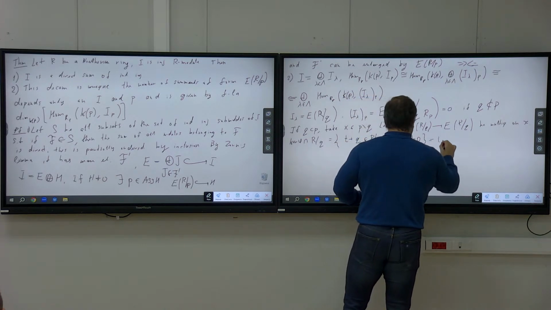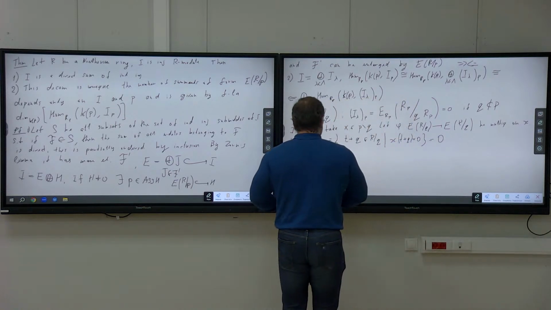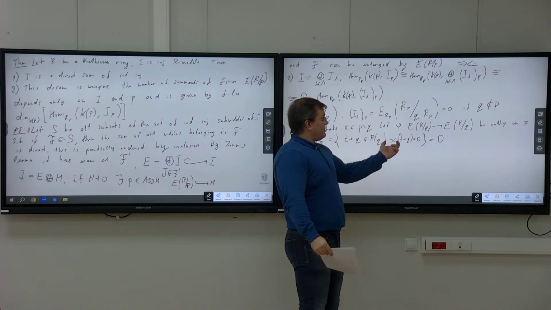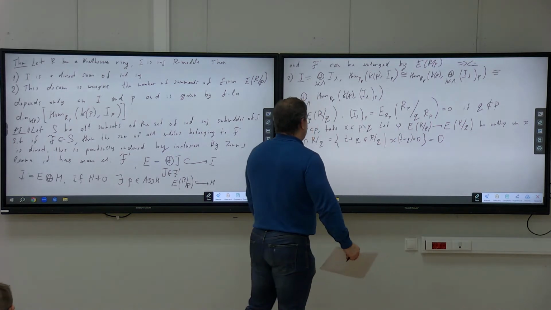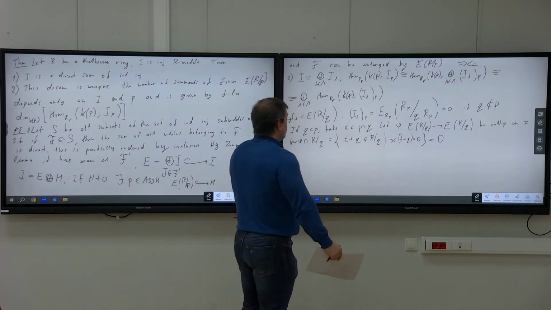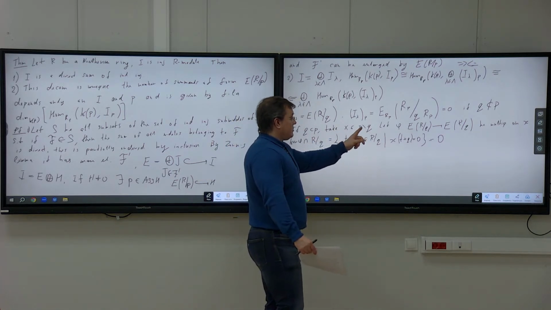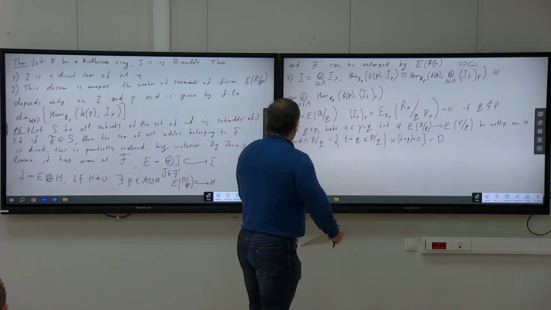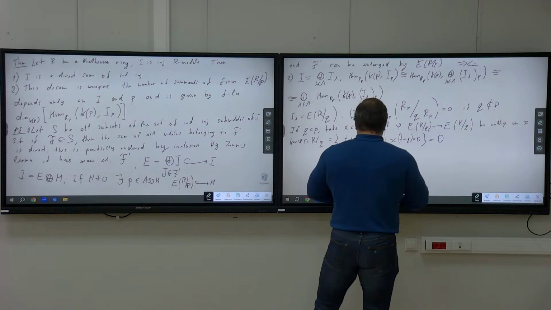But this is just 0, because if this is 0, it means that the product of X and T is in Q. Q is a prime ideal, and X is not in this prime ideal, so T has to be in this prime ideal, so this class is actually 0 to begin with. So this kernel intersected with R modulo Q is 0.